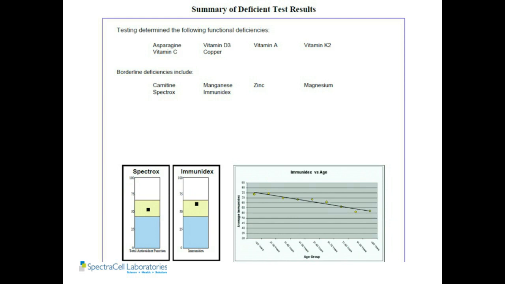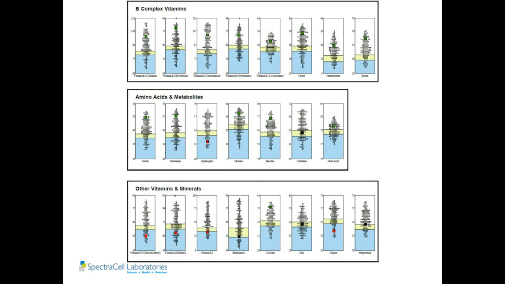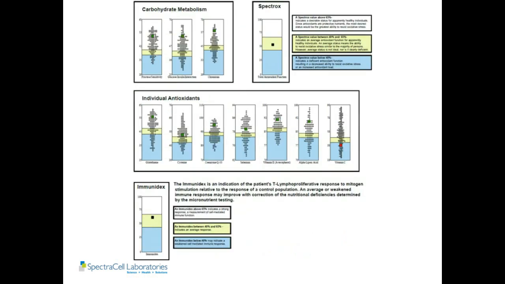And these are just some graphs more or less showing you these particular levels and which ones are deficient. And once again, as you know, these have changed a little bit in the new format of the micronutrient test. The top portion, of course, is the adequate zone. The yellow portion is the marginal or borderline zone. And then the teal color is the functional deficient zone.